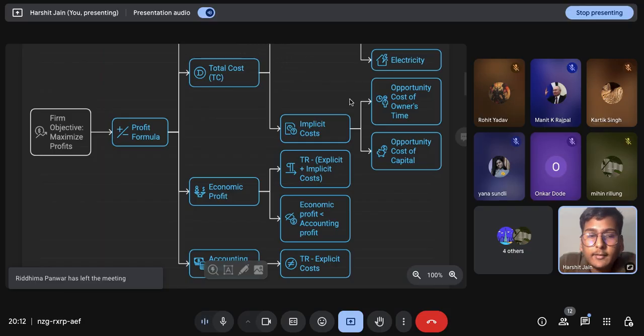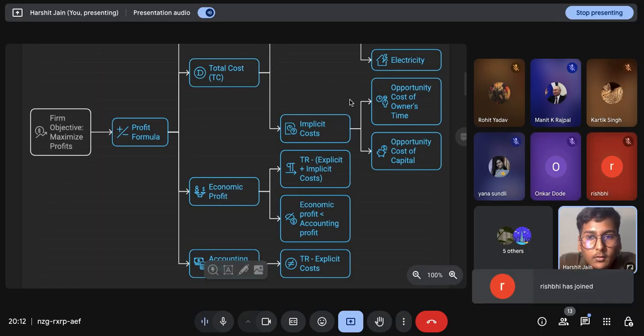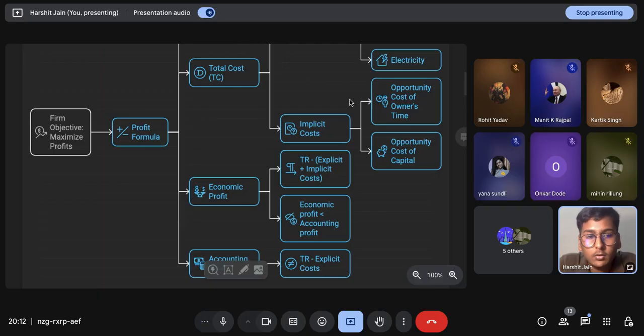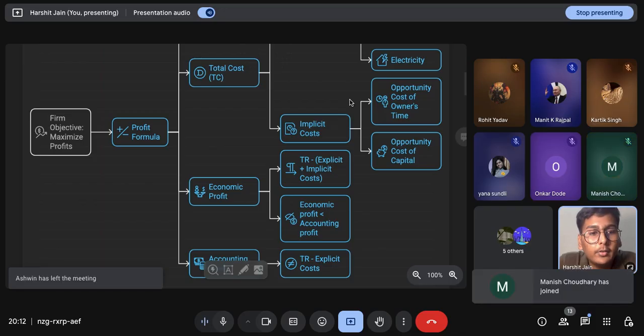For example, say I was a seller of something. I sell 10 pieces in a day and earn 1000 rupees. On the same day, if I didn't sell those 10 things, I could go to work for something else. Like if I was a software engineer and went to work for coding, I would earn 5000 rupees.